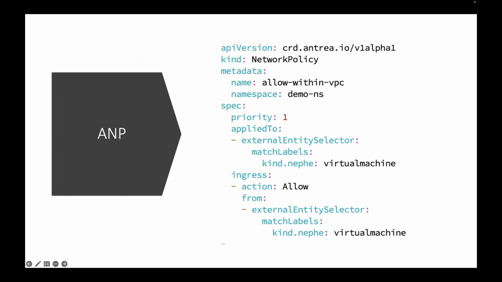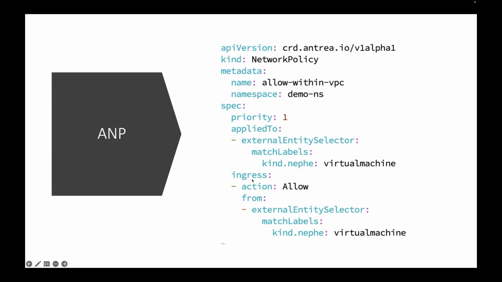Sample Antrea network policies. Again, we only support namespaced policy, not cluster scope, only namespace scope. It has to be applied on external entity only. If you apply it on a pod or some other resource, the NEFI controller will not even receive the policies.